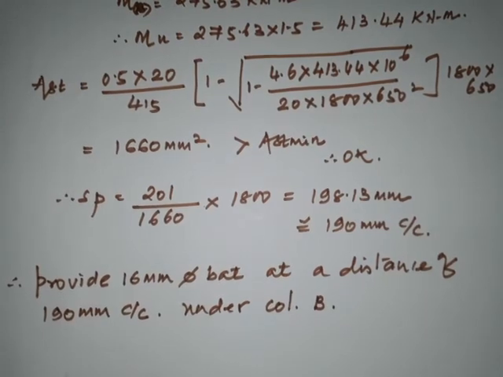So we got 16 dia bar at a distance of 190 mm center to center under column B.